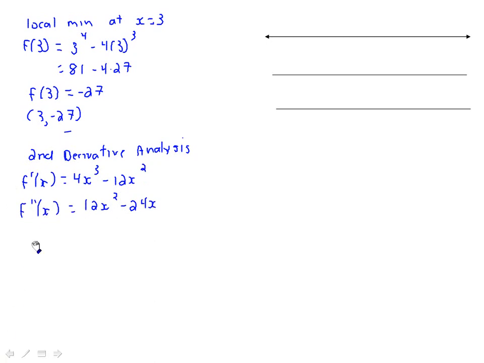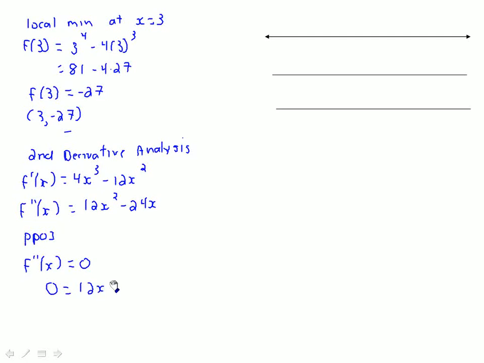So we look for the possible points of inflection. These would occur where the second derivative is equal to 0 or doesn't exist. And again, because it's a polynomial function, it will exist everywhere. So 0 is equal to 12.